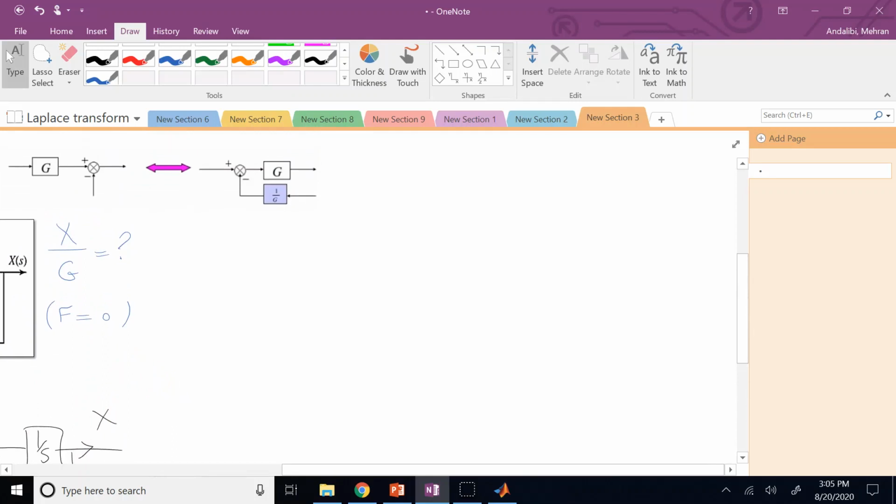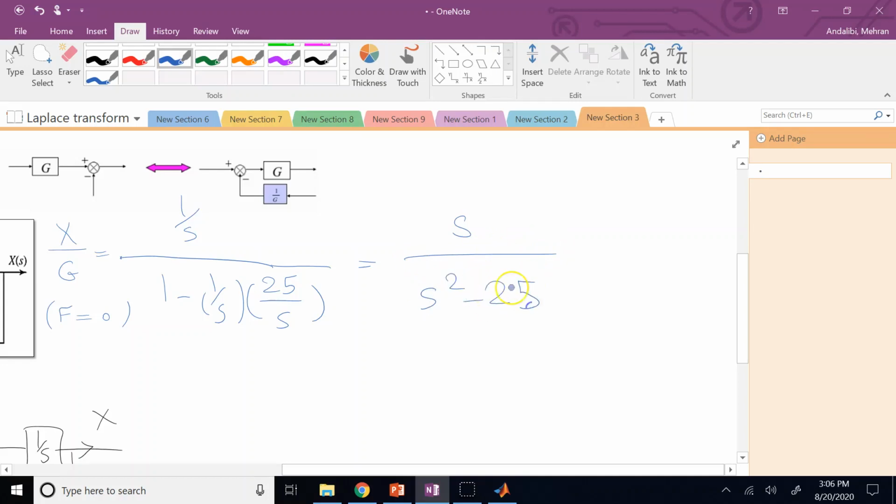So this is going to be that 1 over s divided by 1 minus 1 over s times 25 over s, which is going to be, if you simplify, s over s squared minus 25. Okay?